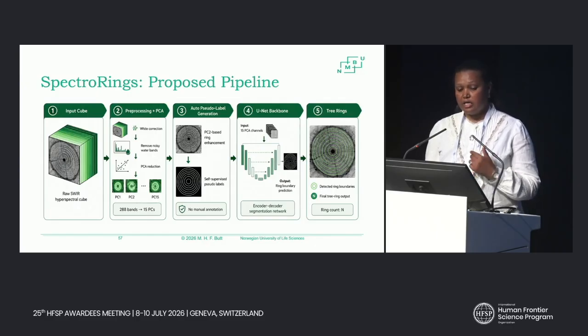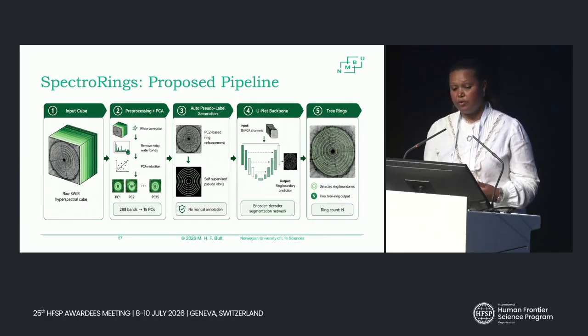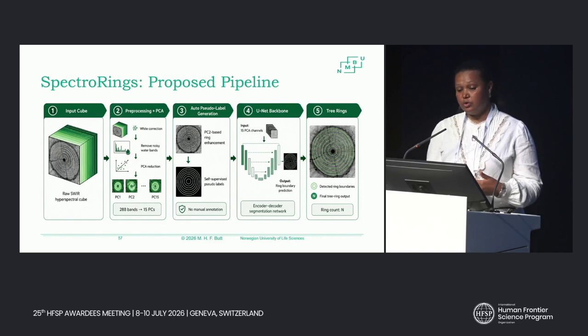The third step is to use the best PCA contrast to create pseudo labels for training our AI model, using a U-Net backbone encoder-decoder segmentation network.